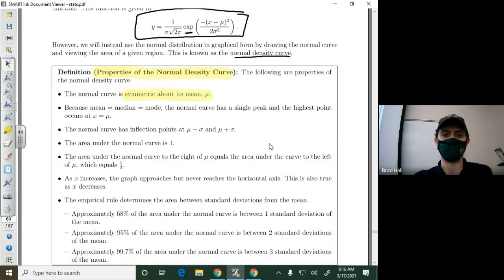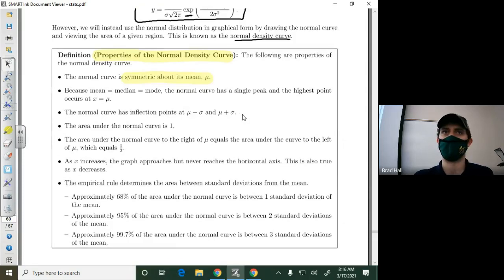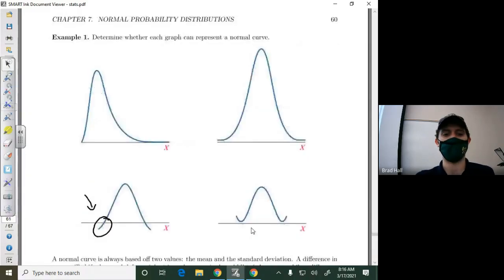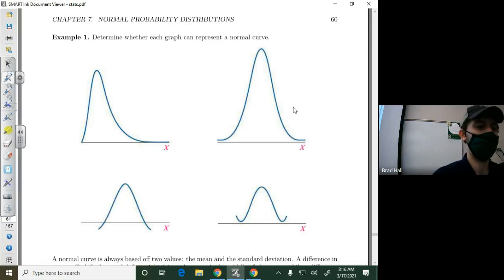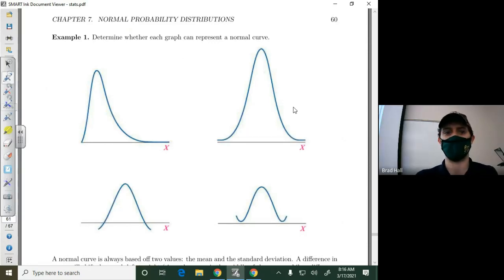As I state these, I'm going to go back and forth to the next problem so I can demonstrate what that means. Because the next problem has some that are right, some that are wrong. One of these is not symmetric about its mean. Hopefully it's clear which one this is.